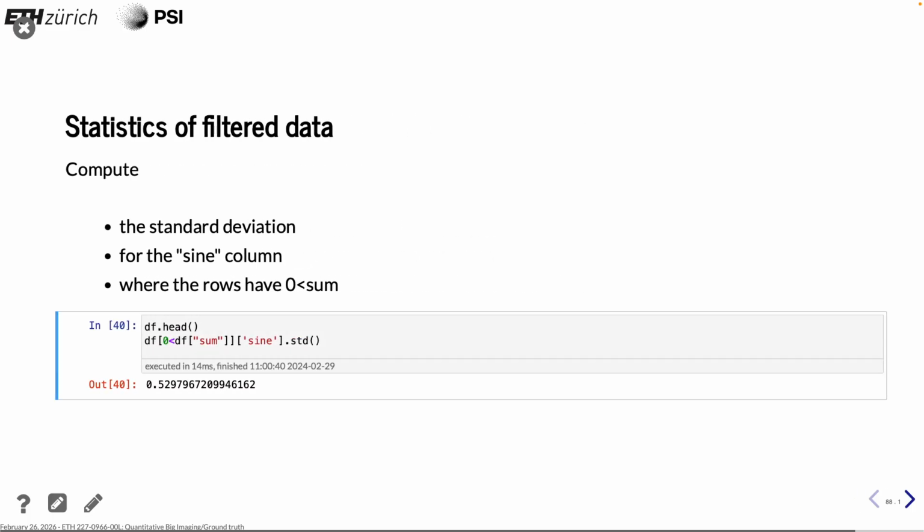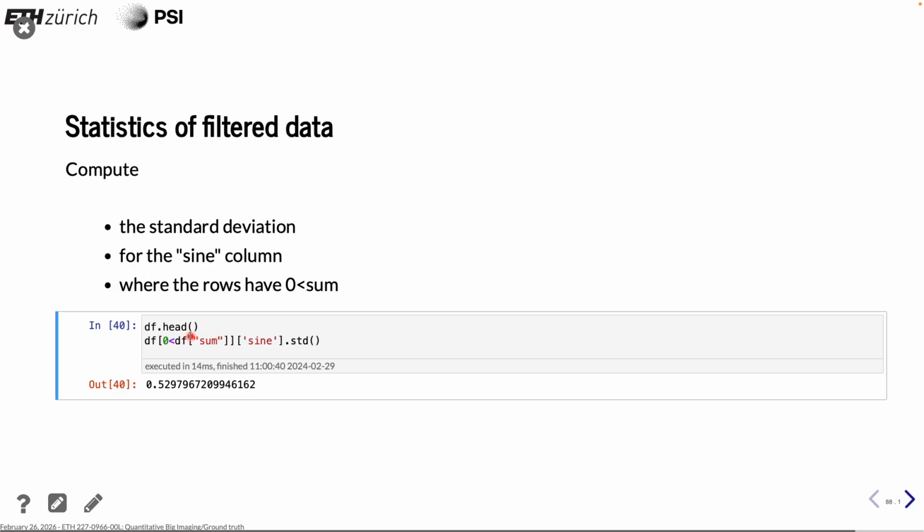Then we want to do some kind of statistics on filtered data. I showed before that we can select parts of the data, and we want, for example, to compute the standard deviation for the sign column, but only when the rows have greater value than 0 in the sum. So what we need to do is, first of all, select the sum which is greater than 0.